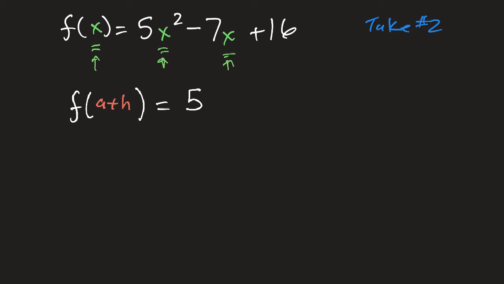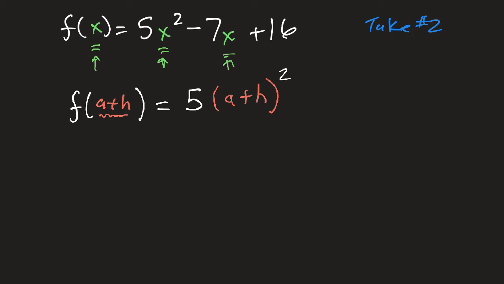Now, when you're putting in a binomial that has more than one term, so two terms in this case, but a polynomial in general, when you're composing that a plus h, make sure you always put that into your equation where x is in parentheses, because you're going to be performing other operations like squaring it and multiplying by 5, and we need to make sure that we take into account that that's one binomial.